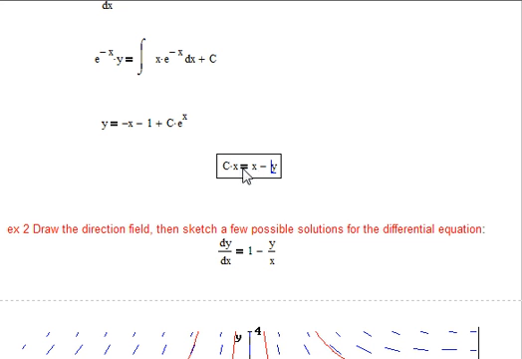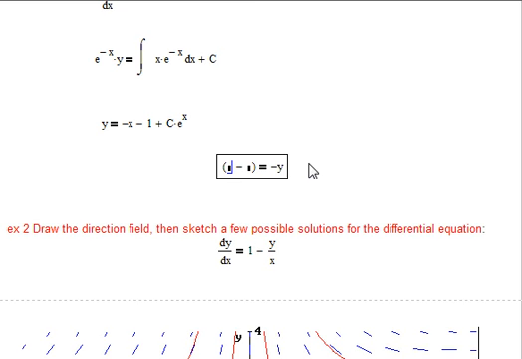It would be cx minus x equals negative y, or I could write it as negative c times x minus 1 equals positive y on this side. Oops, that was an accident.